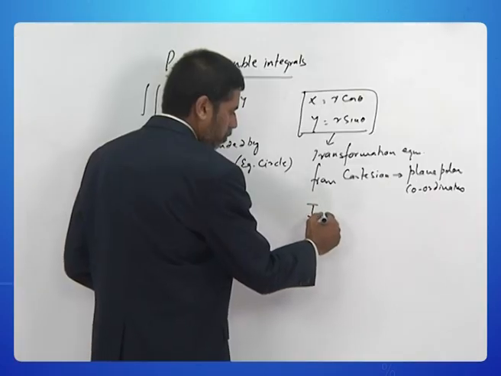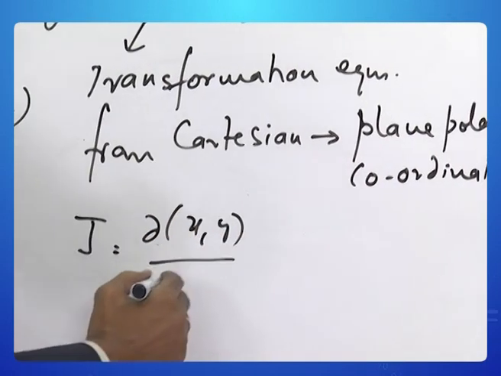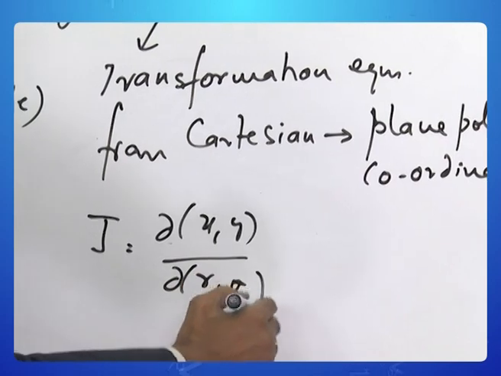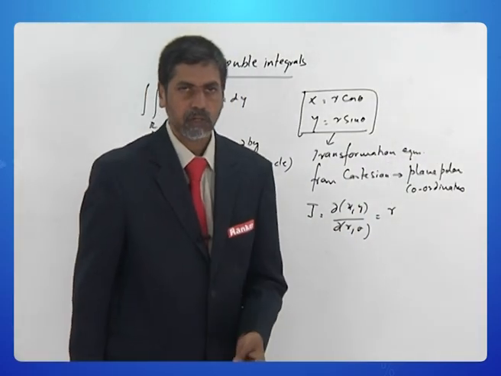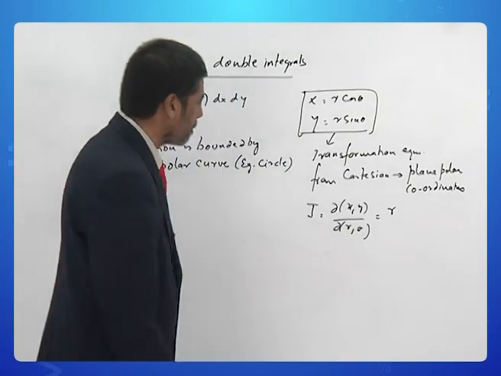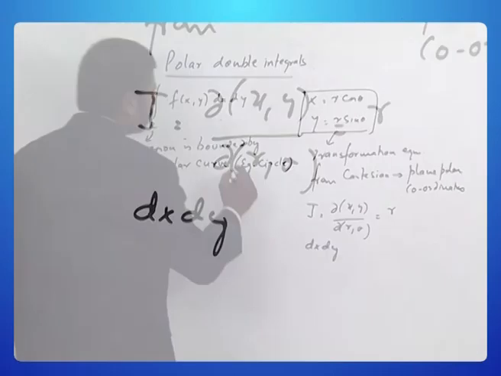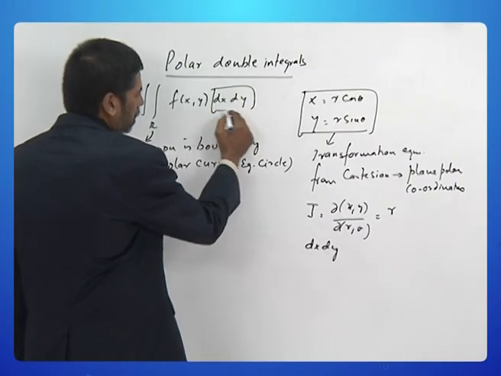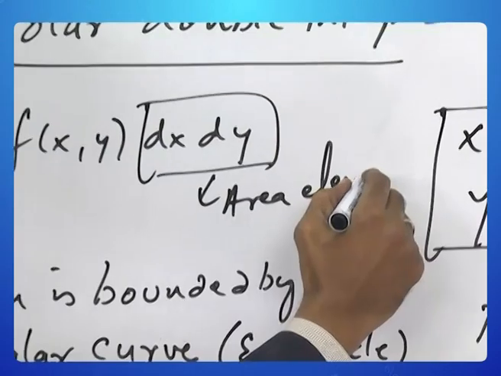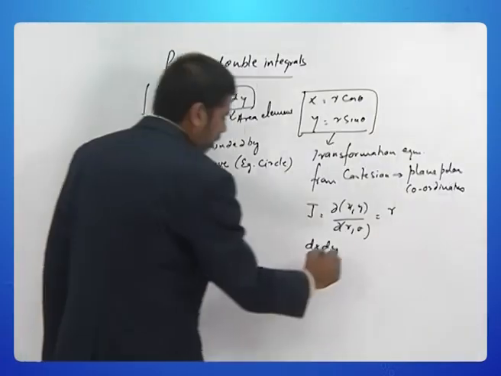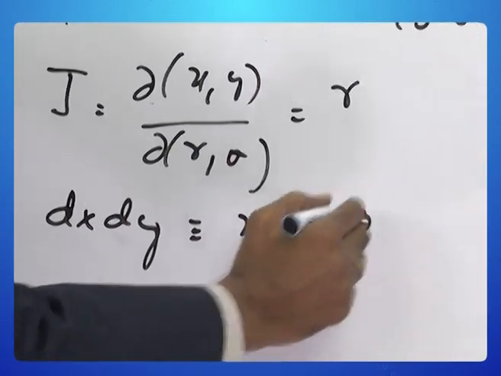So you find the Jacobian, which is dou xy by dou r theta, and you will find the Jacobian is equal to r. This means dx dy, which is the area element, will be now proportional to r dr d theta.